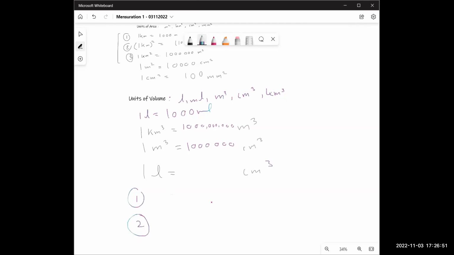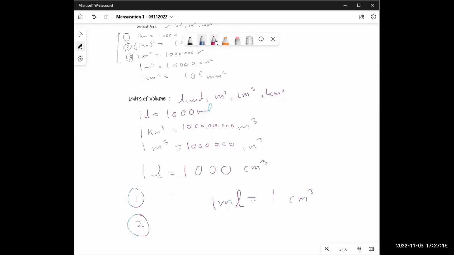Well, if you know that 1 ml is 1 cm cube, I can directly say that 1 liter is 1000 cm cube. Is that clear? So imagine cm cube as ml. They're exactly the same thing. The definition of ml by itself is cm cube. That is the meaning of ml.